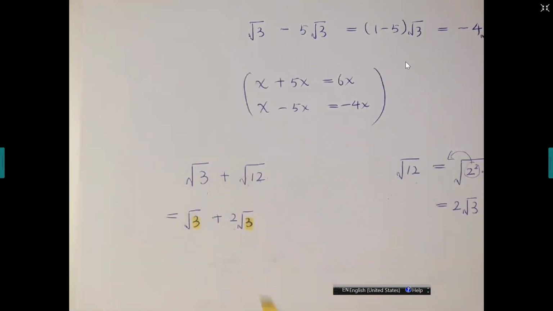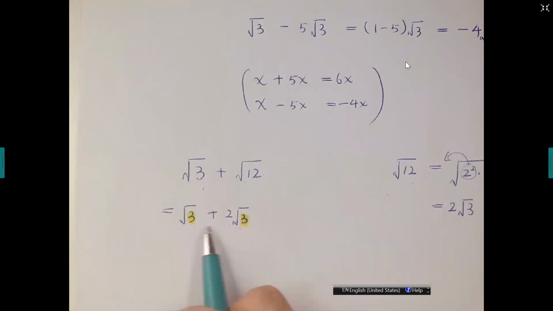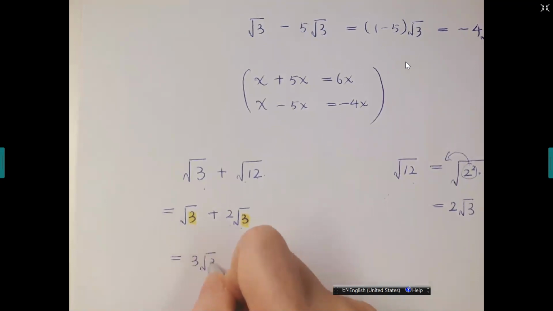We only check the radicand, the expression within the symbol. The 2 here does not matter. Like terms just mean they have the same radicand. So can we combine those two? Of course. 1 plus 2, that's 3. It equals 3 radical 3.